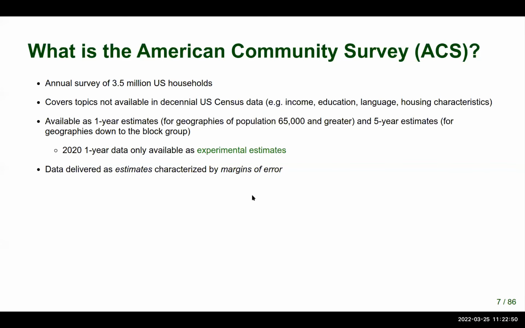All right, so let's start digging in with some examples. With part one, this is an overview of 2016 to 2020 ACS data in tidycensus. And so let's give a little bit of background about the ACS. What is it exactly? We're familiar with decennial census data. What is the ACS? Well, if you rewind all the way back to Census 2000, we used to have two surveys sent out to the US population.